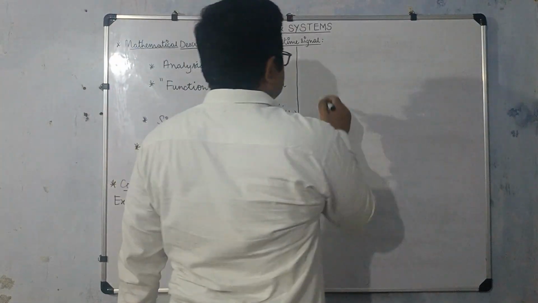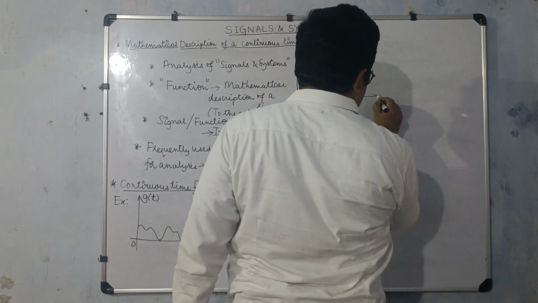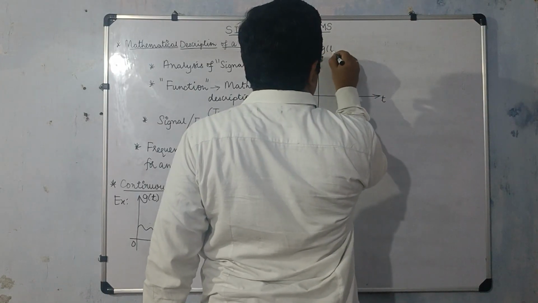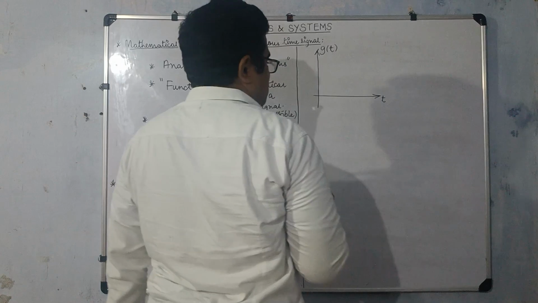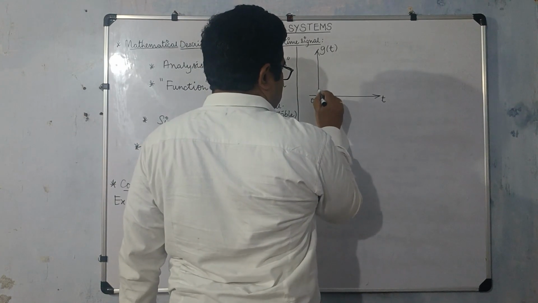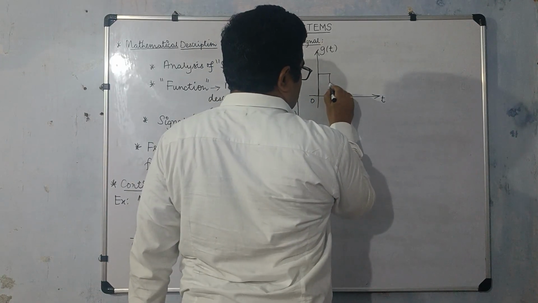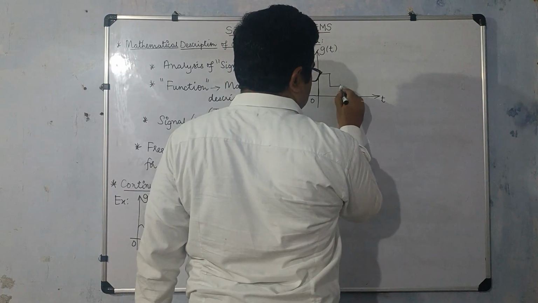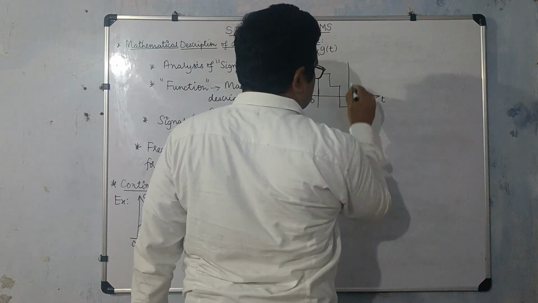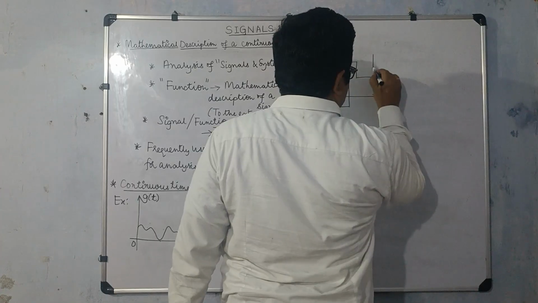Now, there may be some functions which are changing suddenly. Let us say this is my starting time. There is a sudden increase in the amplitude at 0 seconds. Then it remains constant for a few seconds. Then it is suddenly falling down. Then it is once again suddenly increasing, and it is suddenly decreasing here, and so on. So what is happening here?